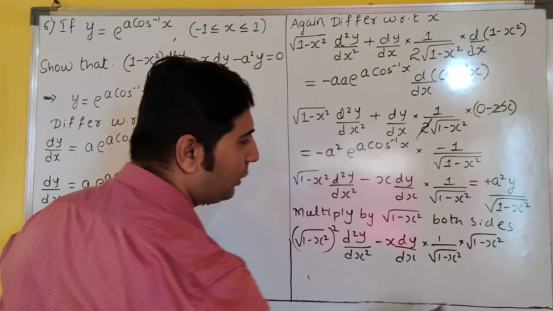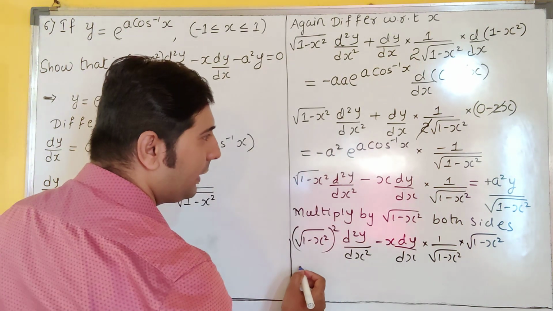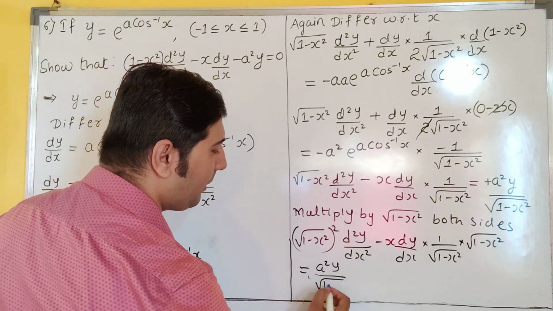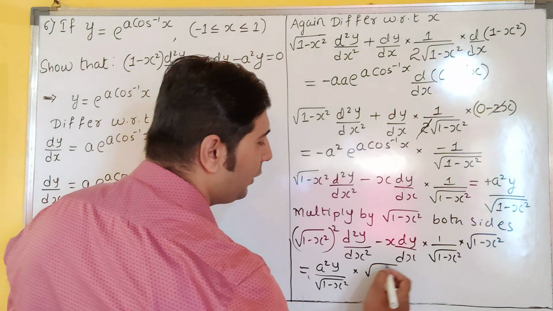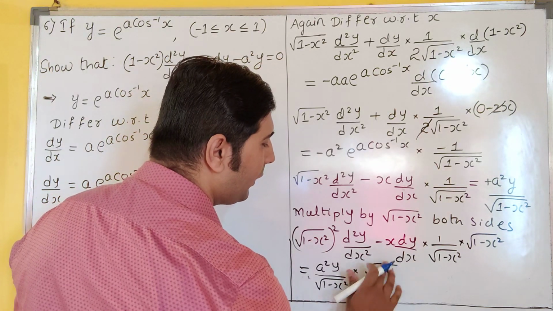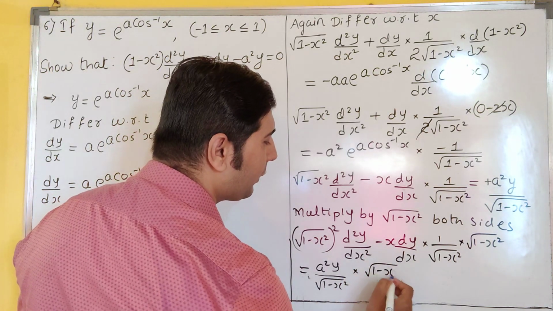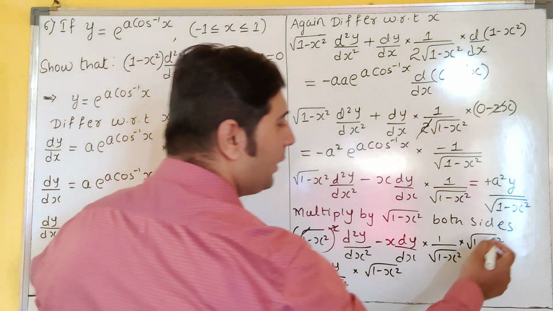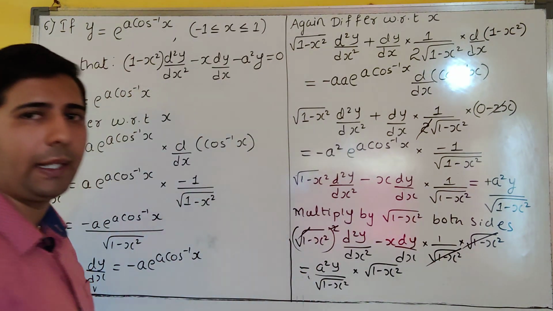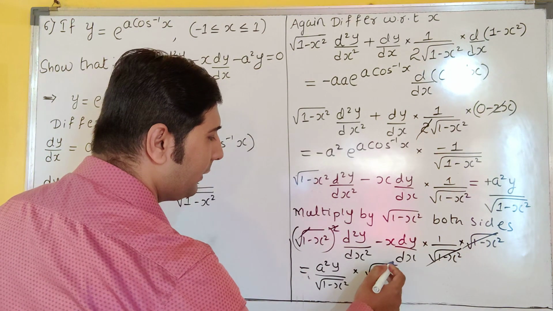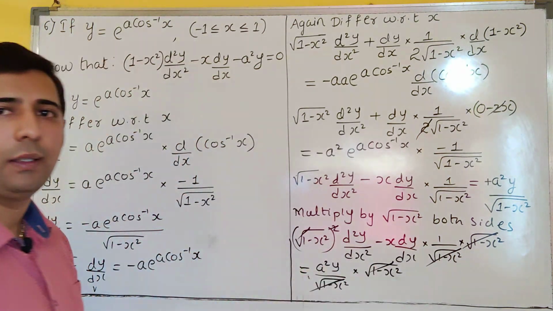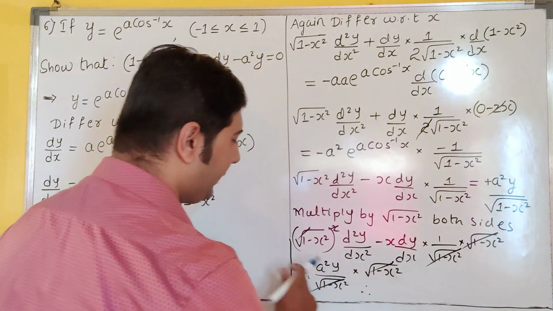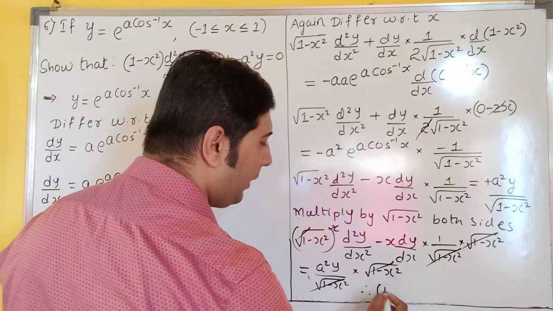So now is equal to, how much you will get, you see, is equal to a square y by square root 1 minus x square into square root 1 minus x square, dear students. So now see, square root 1 minus x square, square root 1 minus x square get cancelled. Now see, this get cancelled. Will you agree? Therefore, I will write here, try to understand please. 1 minus x square, what is remaining?